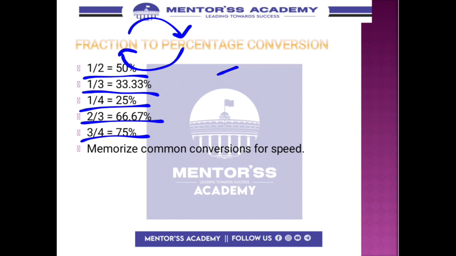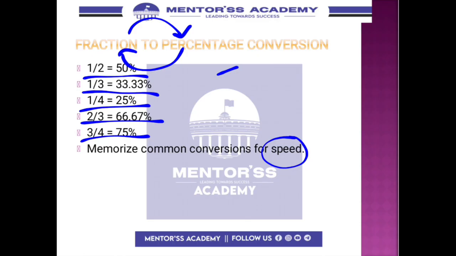Why do you need to memorize these fractions? Because in the UPSC CSAT, speed and accuracy are very critical. If you know these values instantly, you save precious time that can be used for tougher reasoning questions.